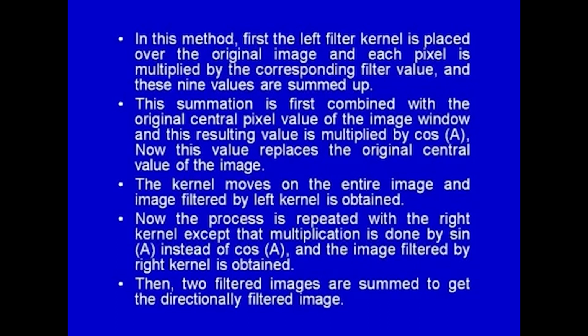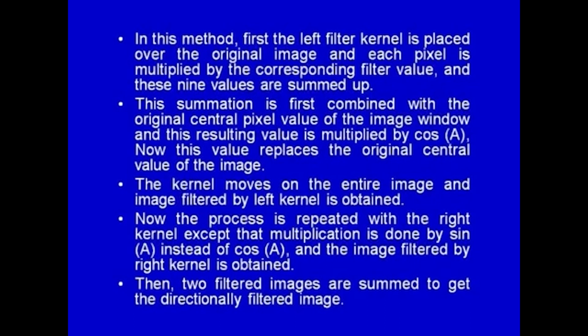This summation is first combined with the original central pixel value of the image window, and the resulting value is now multiplied by cos A. Well, now this value replaces the original central value of the image.